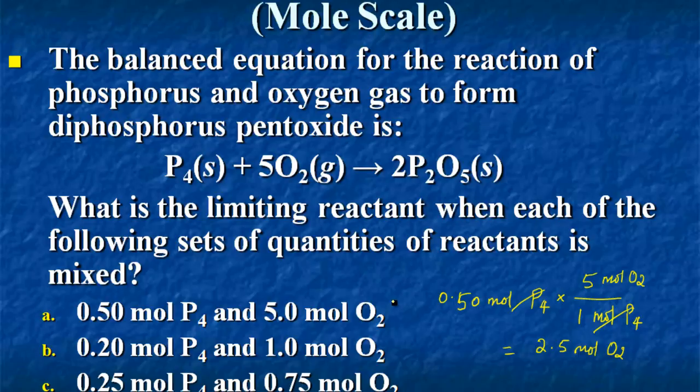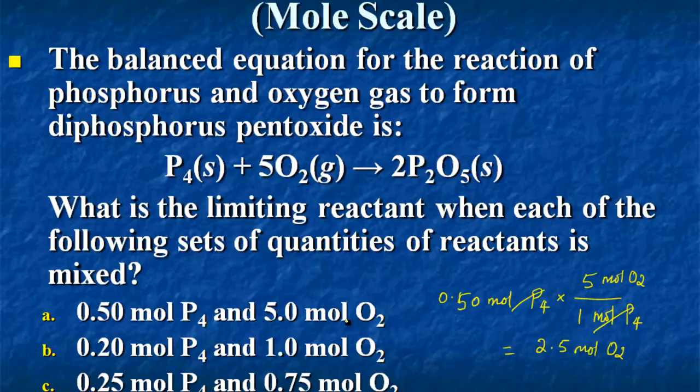Now look in the question. How much oxygen is given to you? 5 moles. You need only 2.5, but 5 moles is given to you. So what is the excess reactant or what is the limiting reactant? P4 is the limiting reactant.